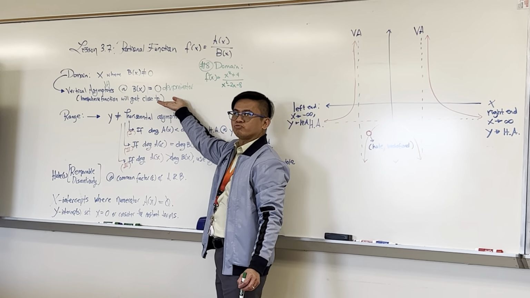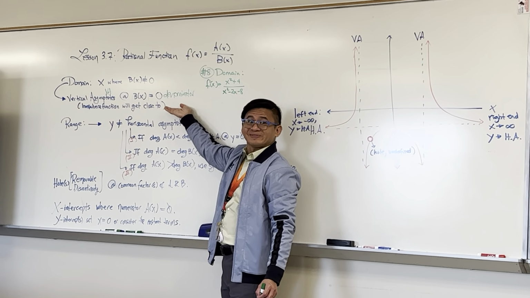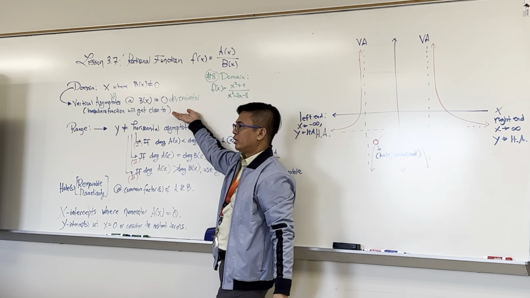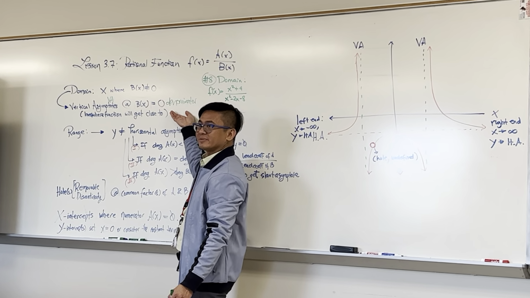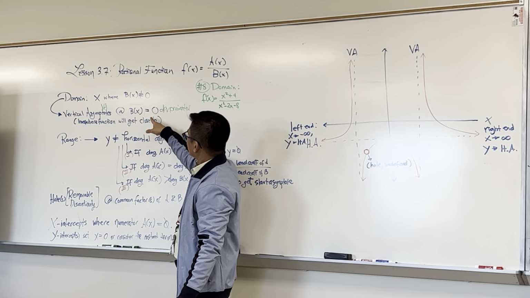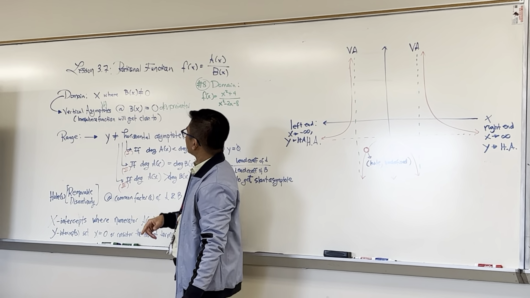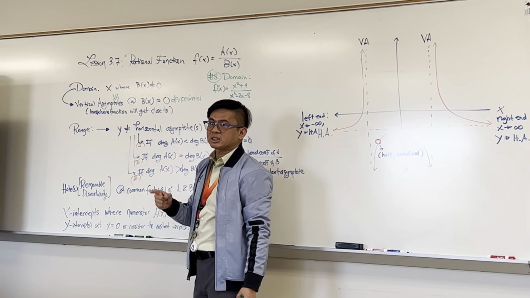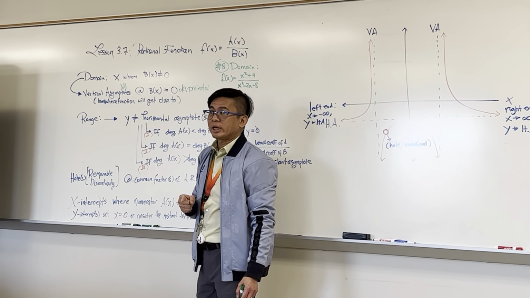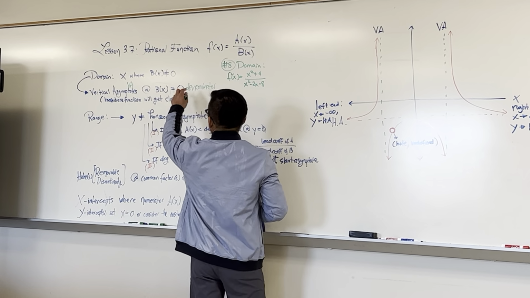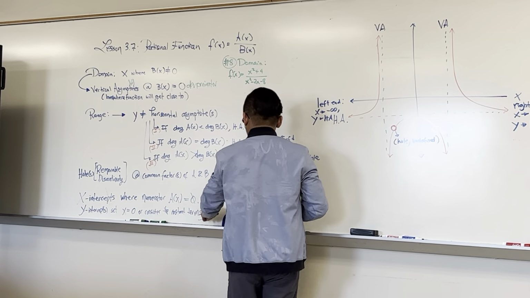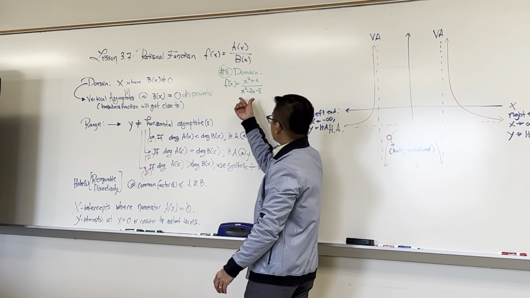Again, how do we find the domain? What do we do? Read it in here, Jaden. B of x equals 0. Yeah. So set the b of x to 0, right? To get the domain, right? So domain is x where b of x is not equal to 0. So where's your b of x? The denominator, right? You see the denominator?